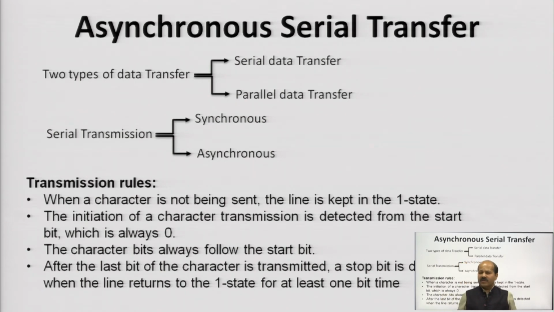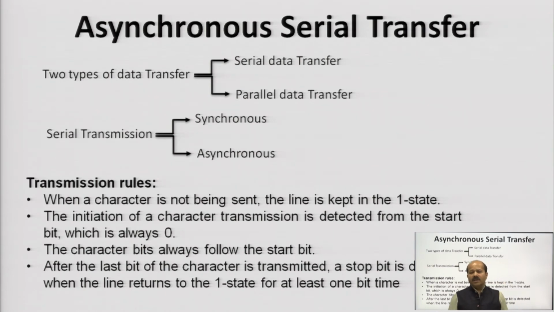There are two types of transformation, as we have seen in the first module, that is serial transformation and parallel transformation. In case of register transformation, in most of the cases, parallel transformation will take place. Data transfer will be in parallel mode if we are taking two devices of type register.